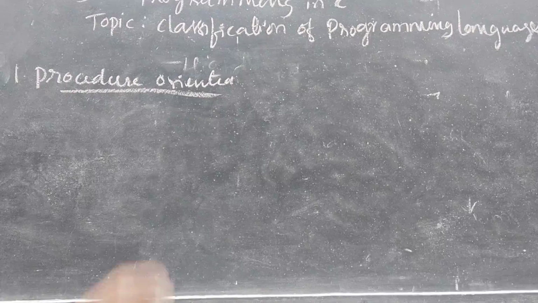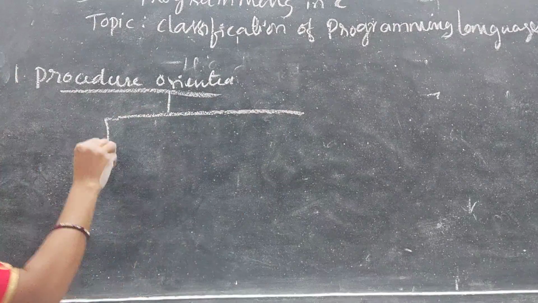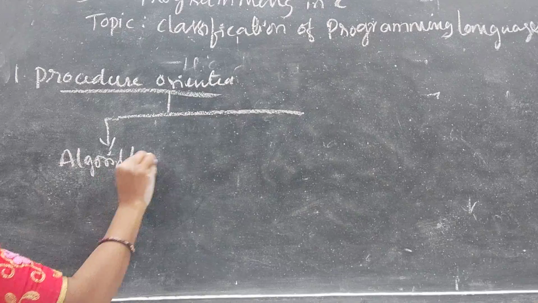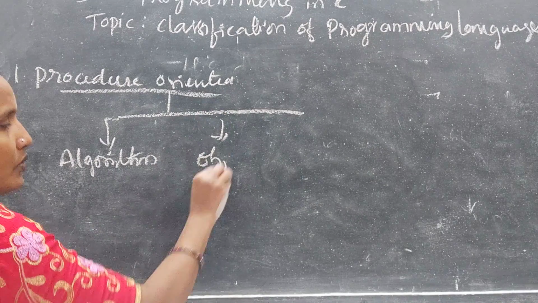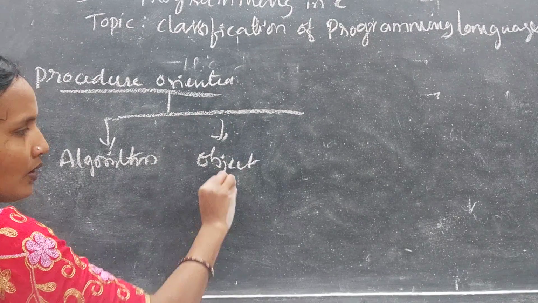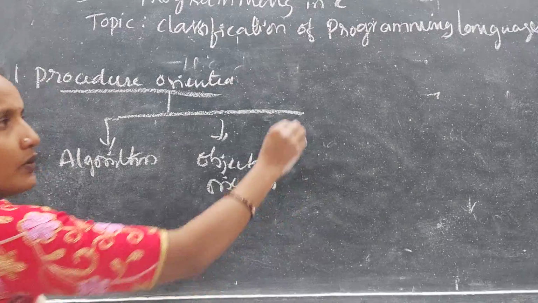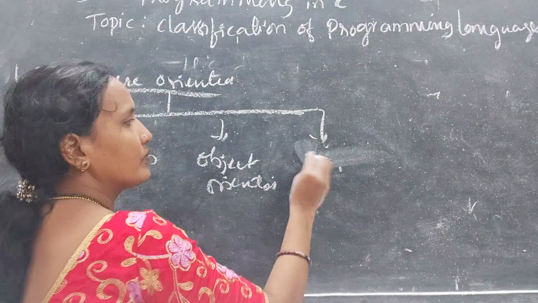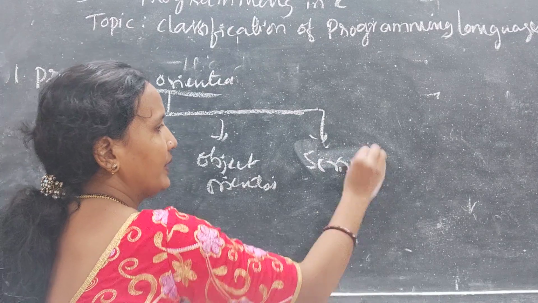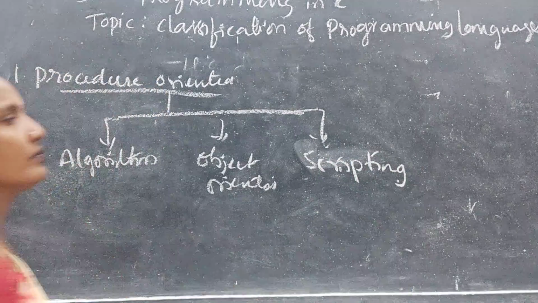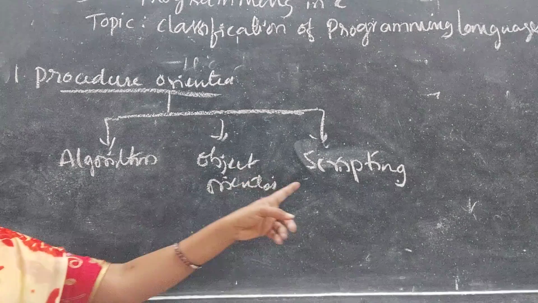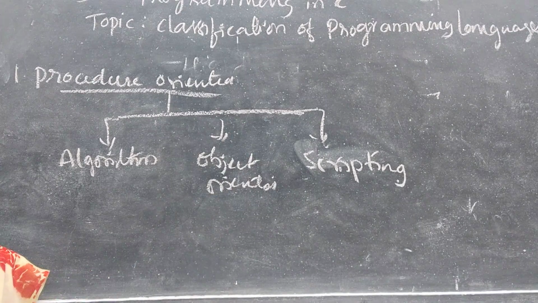So this procedure oriented is divided into three types. First one is algorithm, the second one is object oriented, and the third one is scripting. Clear?